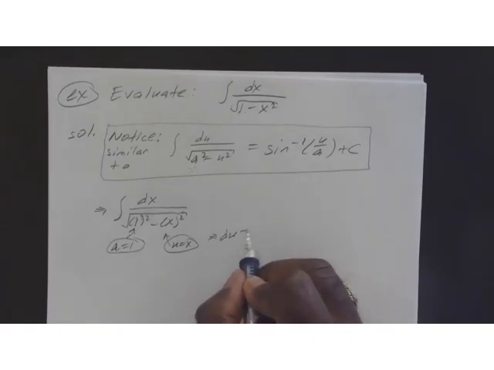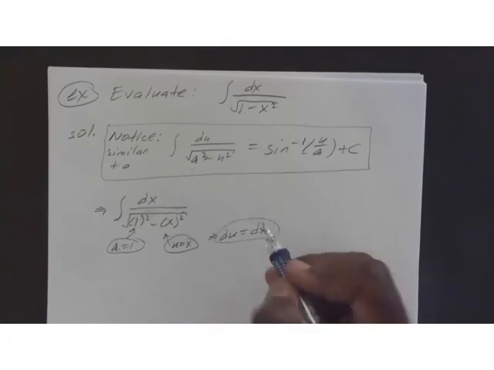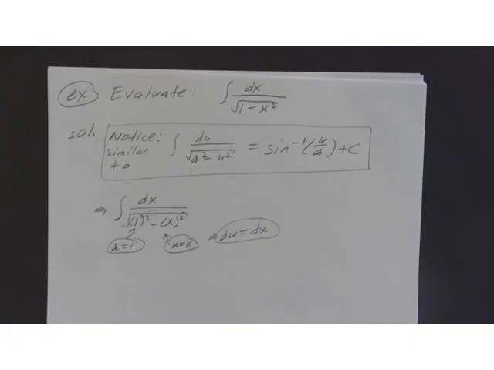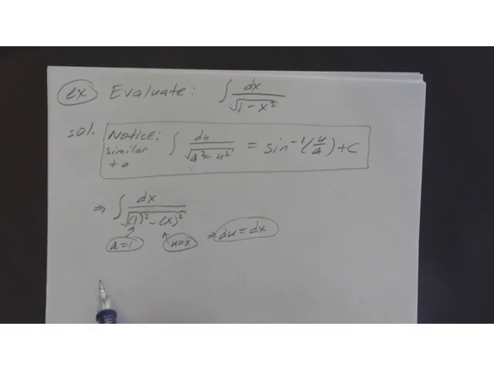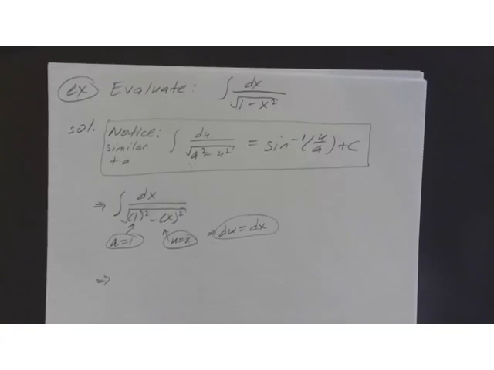So the derivative of u is equal to 1 dx, or you could just say dx. Okay, so now we match everything up. That du is equal to dx, so we can replace that dx with du.